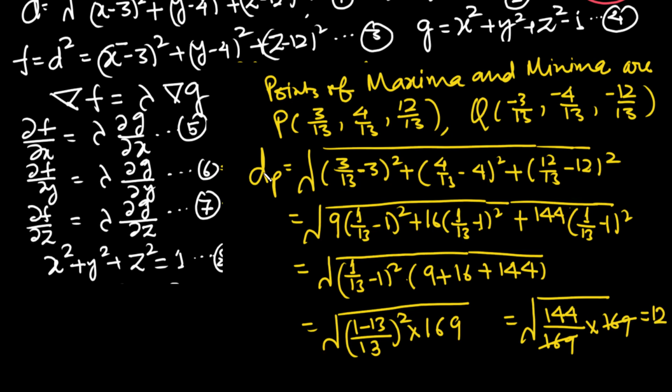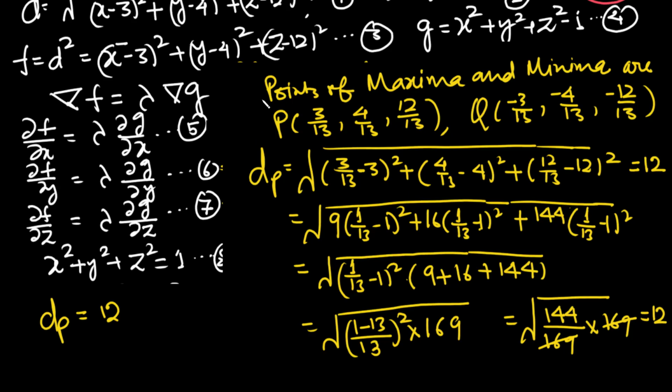So the value of the distance function at point P is 12, where P is the point 3/13, 4/13, 12/13.